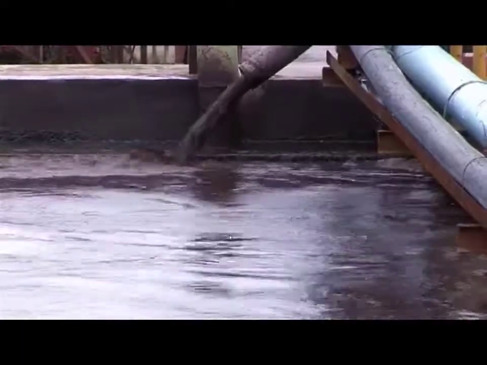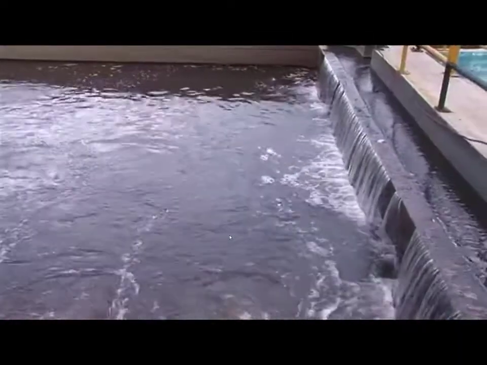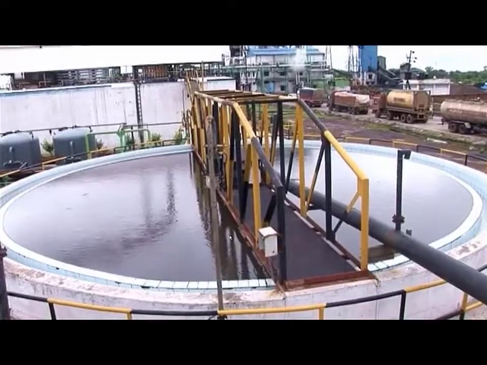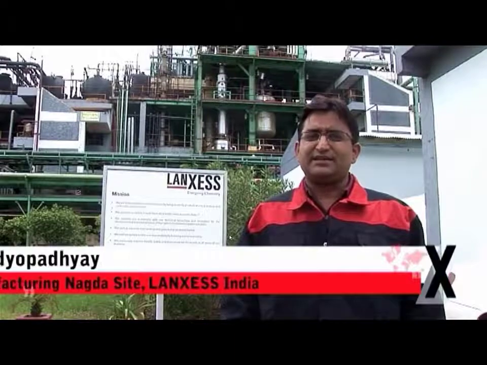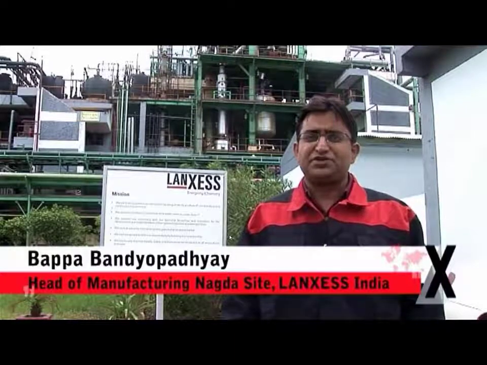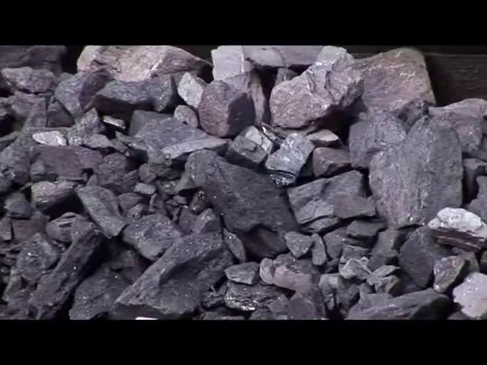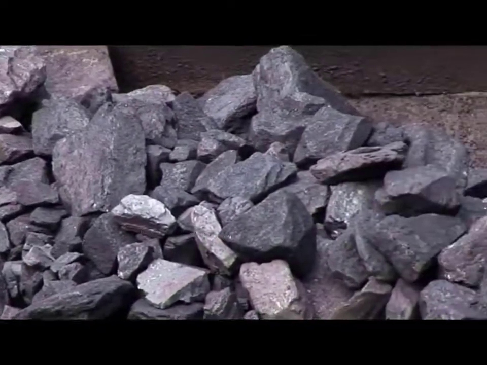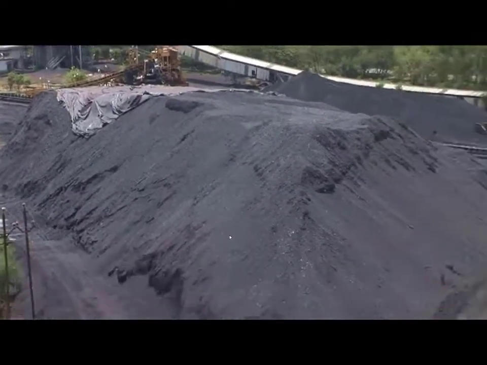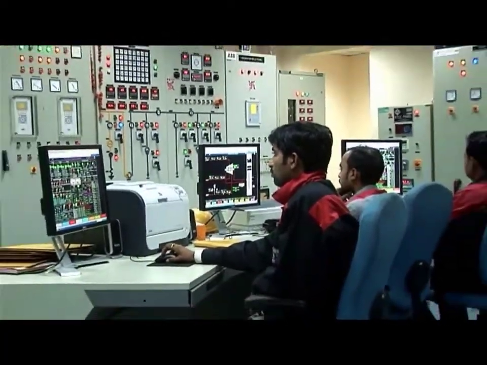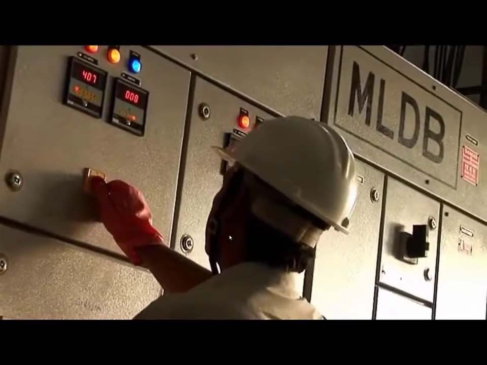Domestic wastewater is used for the steam generation. It is treated in the site's own facilities before it is used at the cogeneration plant. With the new cogen plant, the operations at the LANXESS India Nagda site will be virtually 100% self-sufficient in terms of power. This will provide a great advantage in manufacturing reliability while lowering costs. By commissioning the cogeneration plant, LANXESS saves around 70,000 metric tons of coal per year, which reduces emissions by 95,000 tons of carbon dioxide.